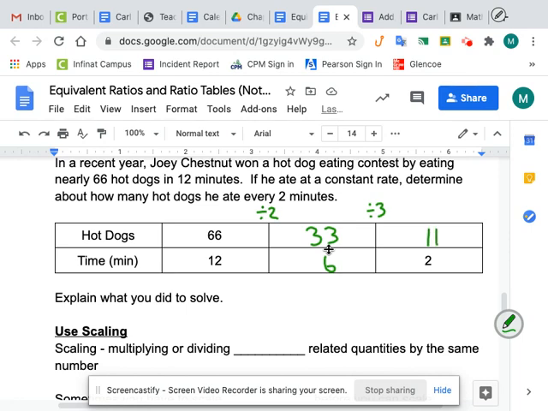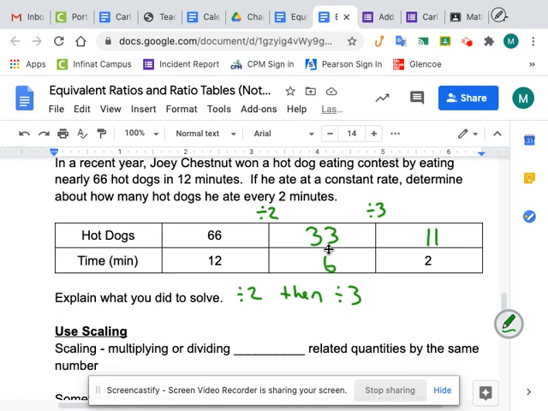If I wanted you to explain this, I would say divide by 2, then divide by 3. You can put division signs in there using your insert equation, or you can just type out the word divide and then put the number. That would also work.